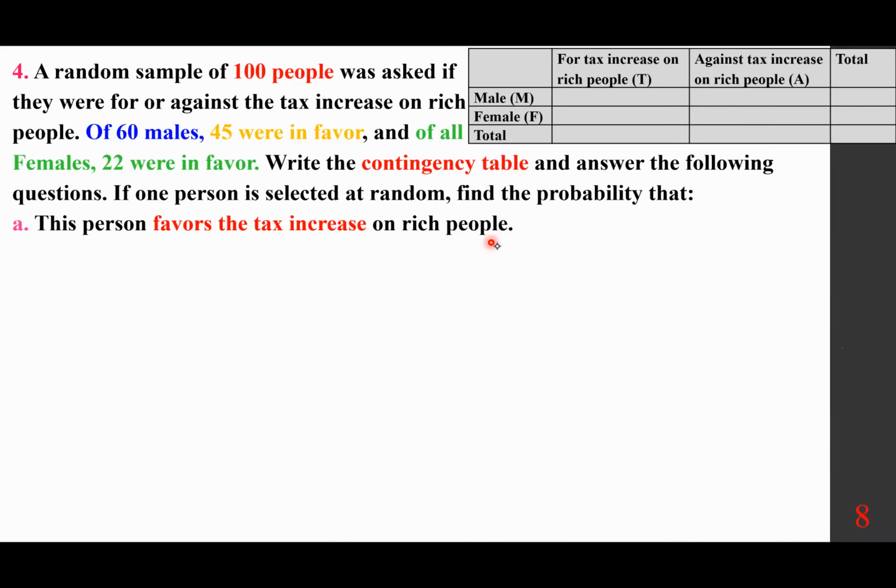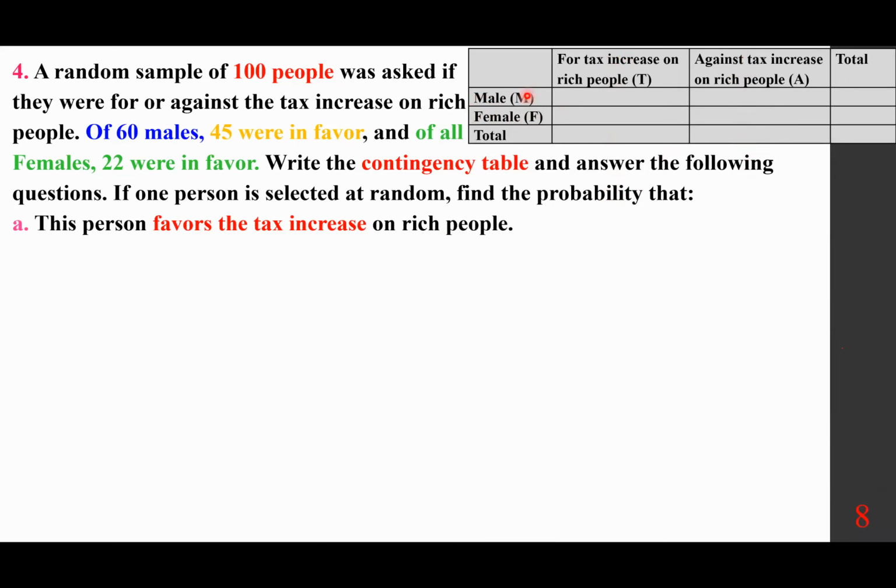And here's how we write the table. This is called the contingency table, which has several variables. We have males and females, those who are for the tax increase, and those who are against it. What I've done, I'm using specific variables.